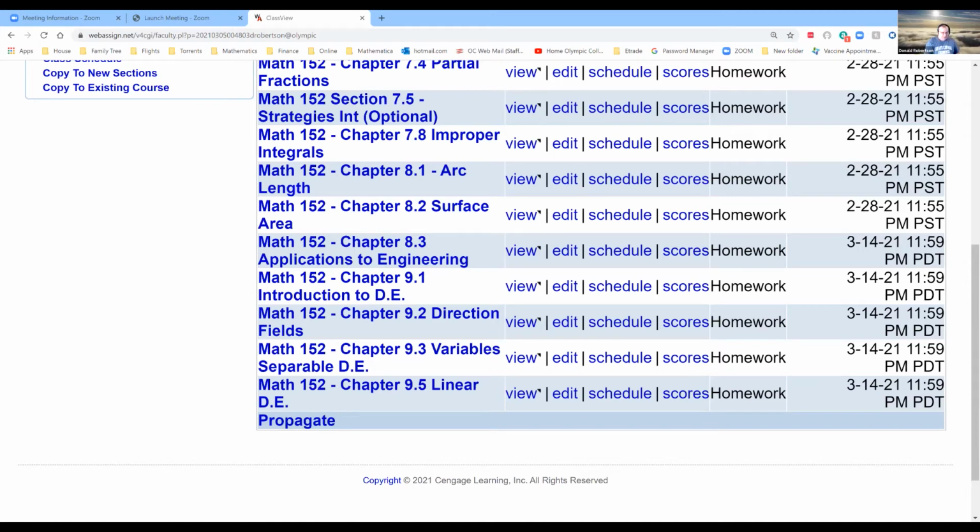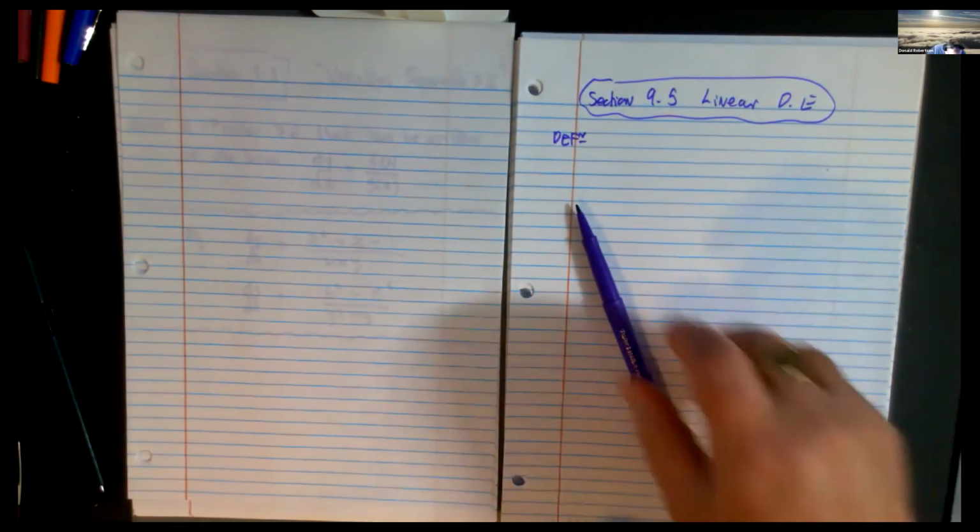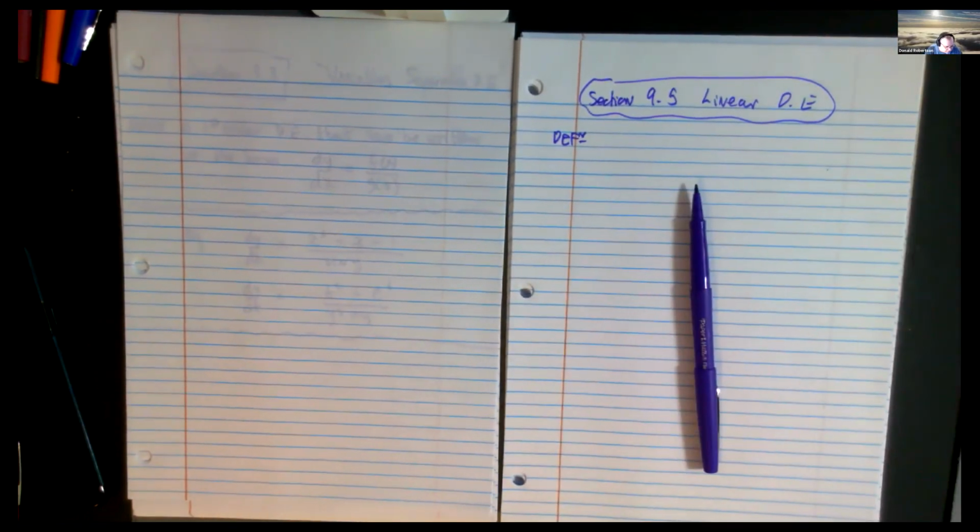So the next type of differential equation we're going to learn how to solve are called linear differential equations. So let me make sure that I've got the screen on. There we go. So what does a linear differential equation look like?